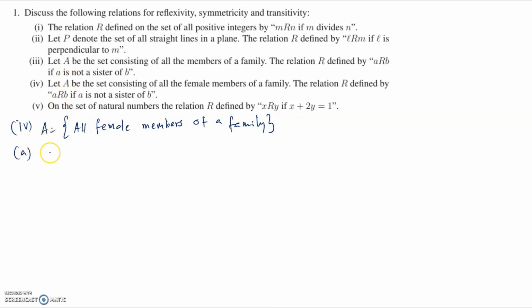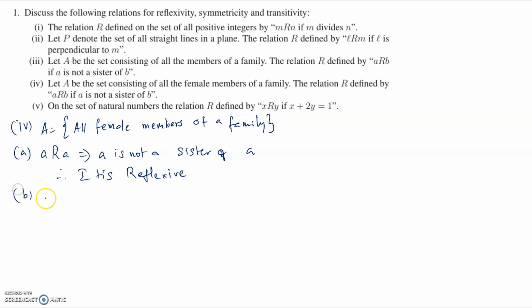Let's say that the relationship is A is not a sister of B. So A related to A would imply A is not a sister of A, which is true. Therefore, it is reflexive.